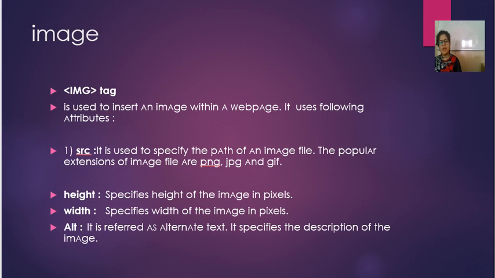It specifies the height of the image in pixels. So you have to write the value in pixels. Next is width. It specifies the width of the image in pixels. So if you have to give the height and width, you can simply make use of the height and width attributes. Now the next attribute is alt, alternate text.